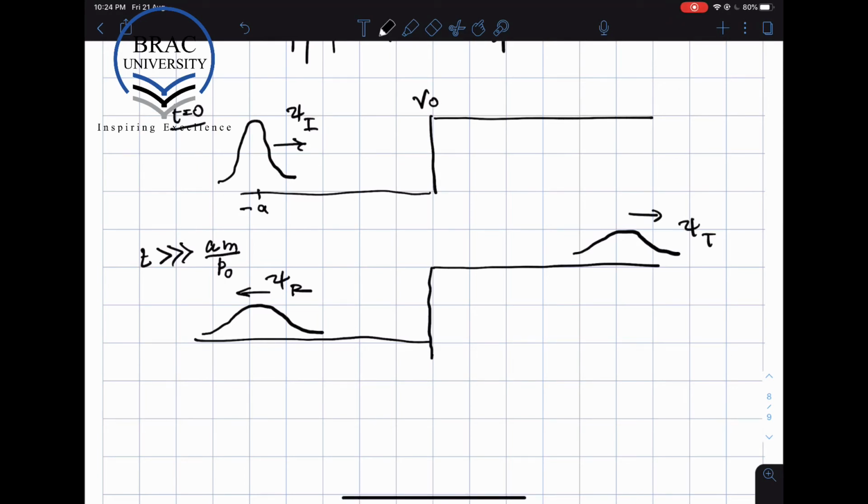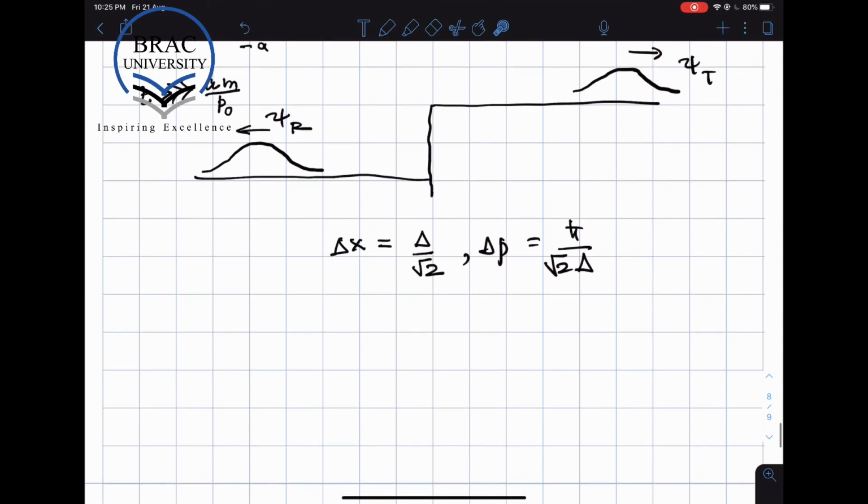The uncertainty in the position and the momentum of the initial wave function is given by, because it's a Gaussian, and this confirms the statement that we made before, that if the uncertainty in the position is very large, if delta is very large, then the uncertainty in the momentum is very small.